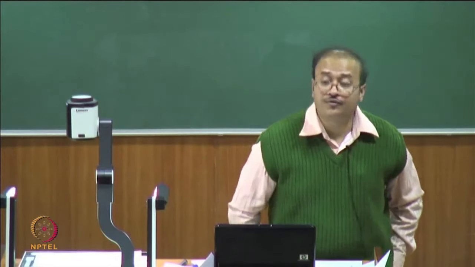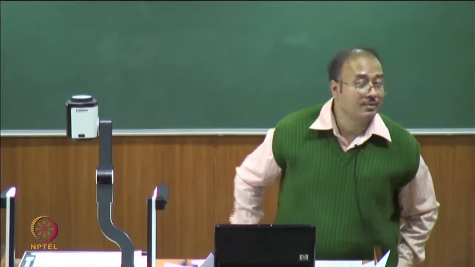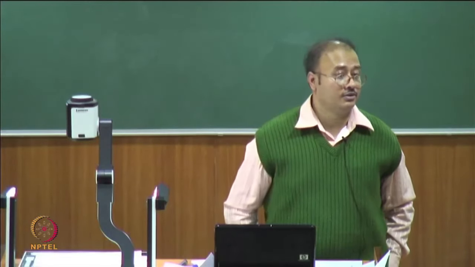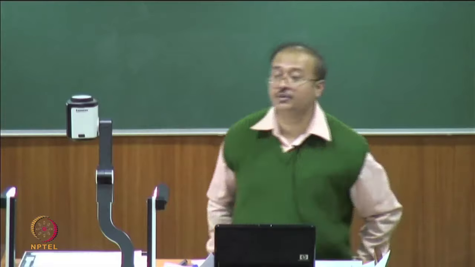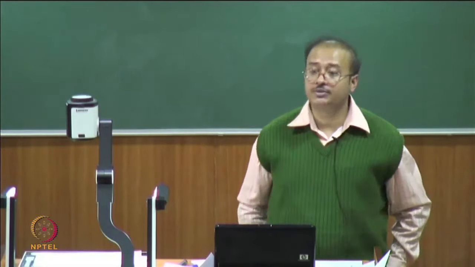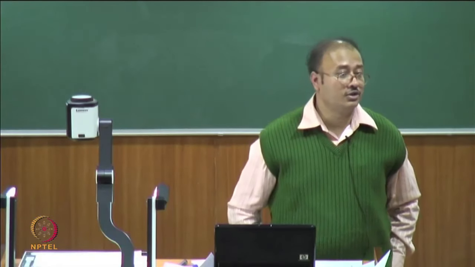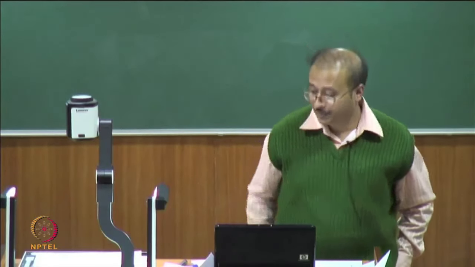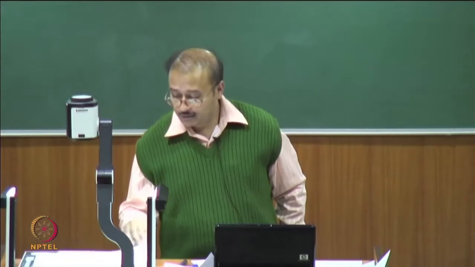However, if t is much lesser than the correlation time m by xi, then you will see that it will not depend upon your friction and all these things. It will depend upon something which we will look at in the next class.